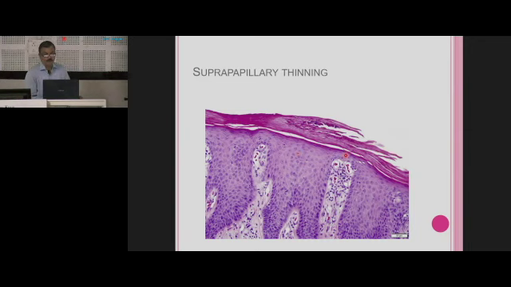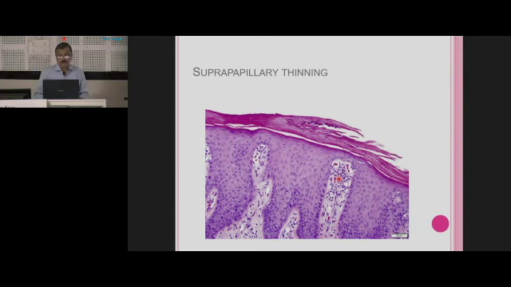The suprapapillary plate is thinned out, and in the papillary dermis you can note dilated, tortuous blood vessels.